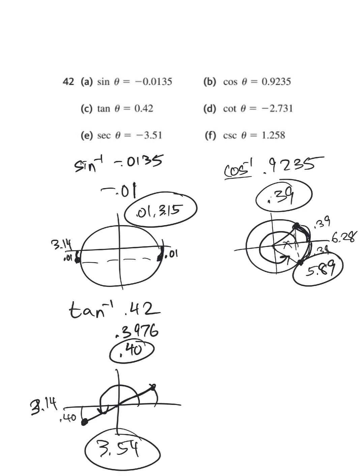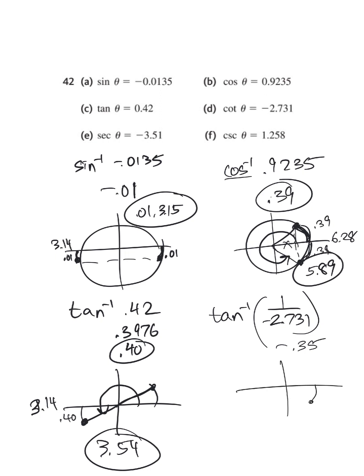And now D, the reciprocal, so the arc tangent of 1 over negative 2.731. So 1 divided by 2.731 negative, and that's negative 0.366, so you take the arc tangent of that, and you get negative 0.35. So it's going to be down here, that's 0.35 units. So what is that all the way around? You take 6.28 minus 0.35, you get 5.93.